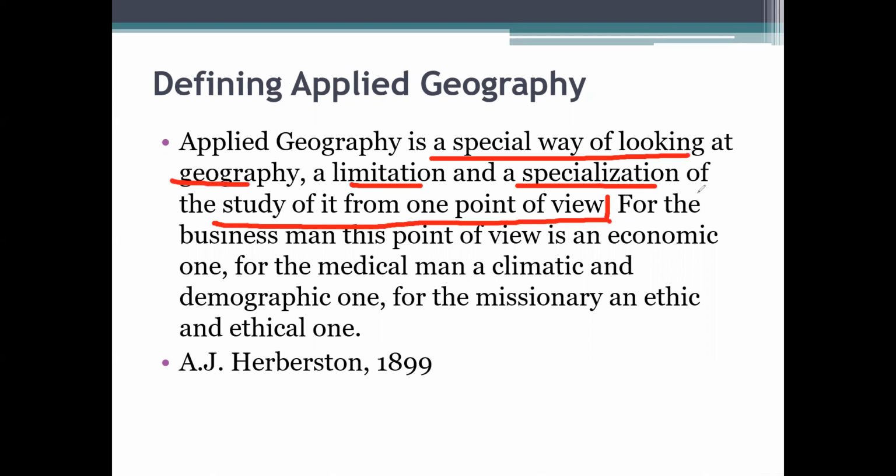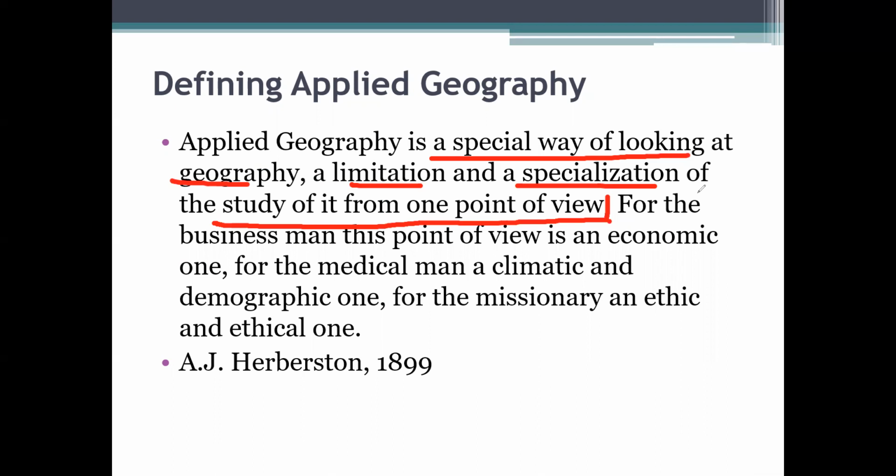This is not a new approach. According to Herbertson, applied geography is not a purely new one. It also exists in the field of geography, in the context of the geographic discipline.